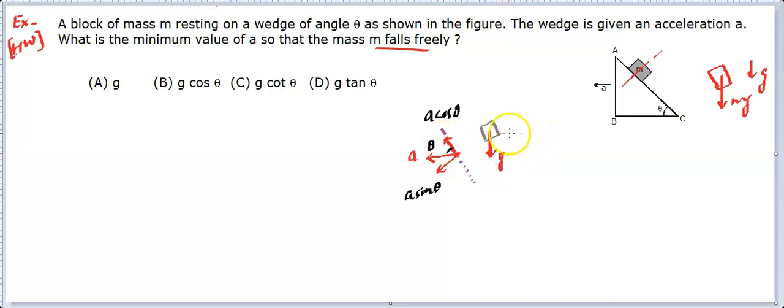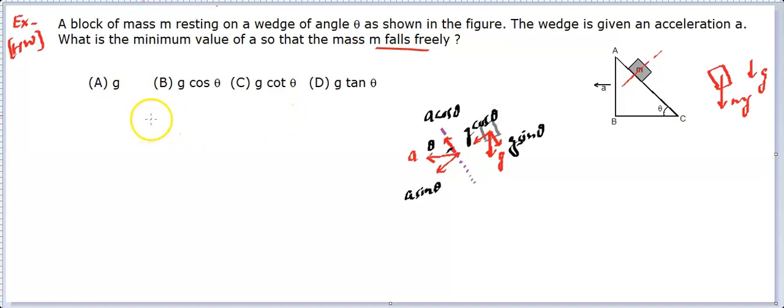All the accelerations are with respect to ground. So we can make the two components of g, one along the inclined plane, another perpendicular to the inclined plane. And we have understood in case of inclined plane, along the inclined plane is g sin theta, right? So this will be the component which is going to be perpendicular, and this is going to be along the inclined plane. So this will become g sin theta, and this will become g cos theta.